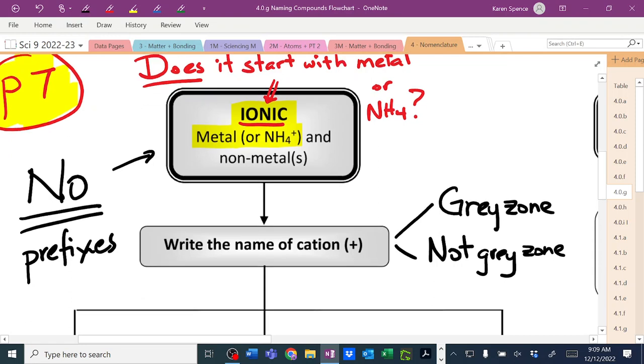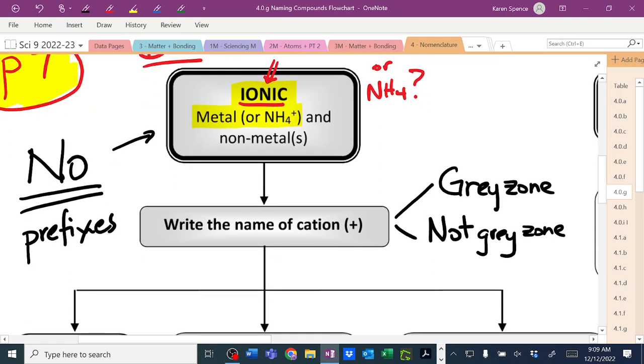If it's in the gray zone, what do you use? Roman numerals. If it's not in the gray zone, no Roman numerals.